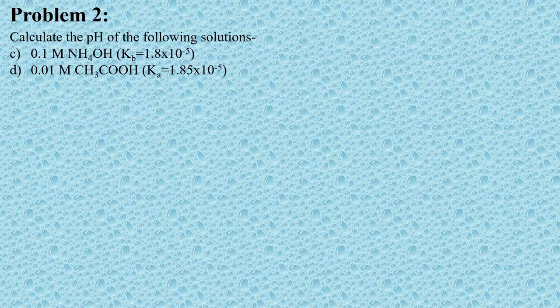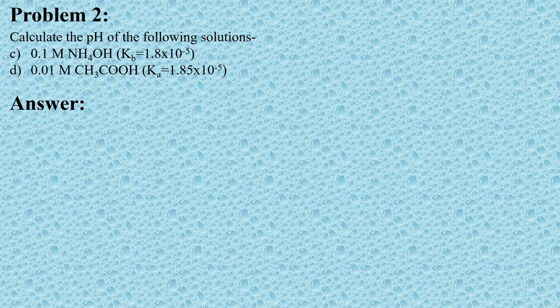You have to identify the pH of a solution of ammonium hydroxide and of acetic acid. Ammonium hydroxide is a weak base and acetic acid is a weak acid, so they do not go through 100% dissociation or ionization.